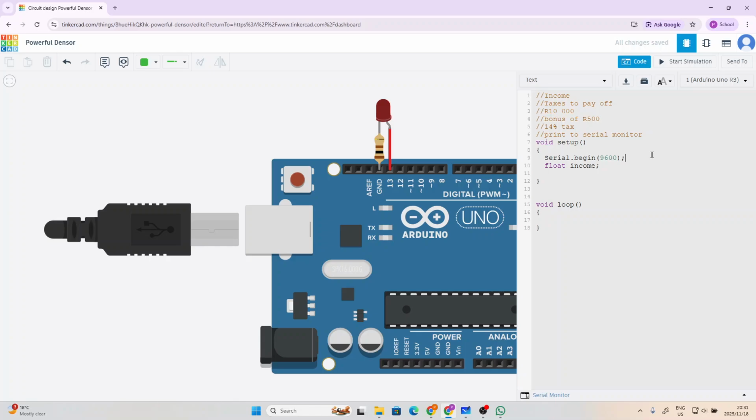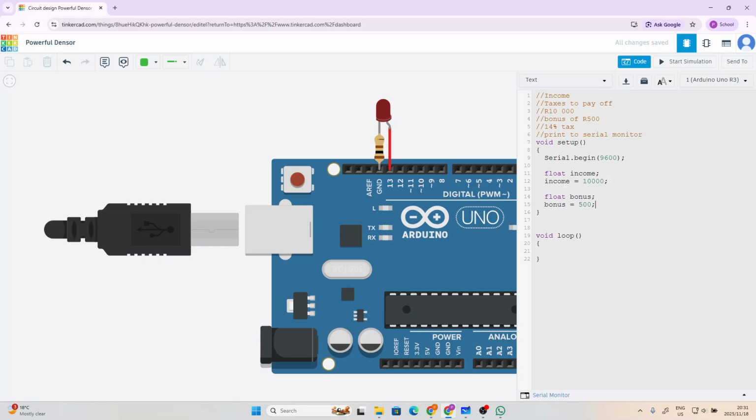Now, generally, you don't have to skip lines when you're writing it down, it just makes it look neater. Income is going to equal your 10,000, right? Then we have the bonus. Let's call it a float bonus. The bonus is equal to 500 Rand. Exclude the Rand sign.